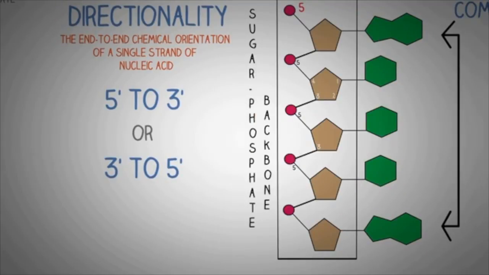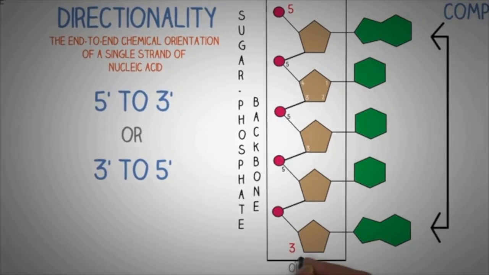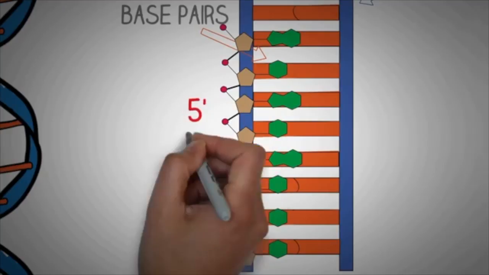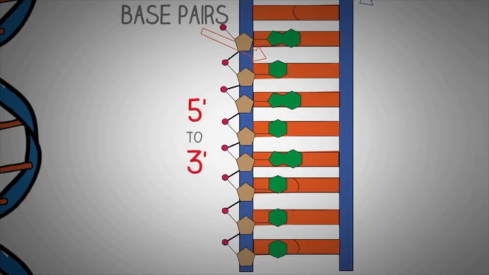Now, if you look closely at this structure, you can basically see that it has a 5' end to which a phosphate group is attached, and it also has a 3' end below to which a hydroxyl group is attached. So if we come back to our DNA ladder model, we can see that the strand we made before runs in 5' to 3' direction.